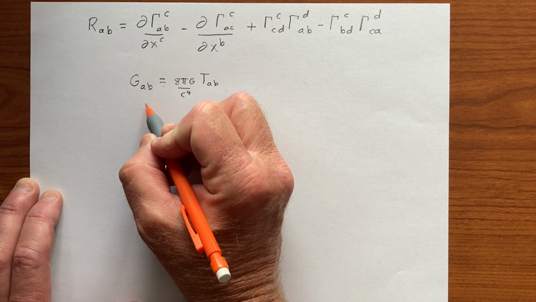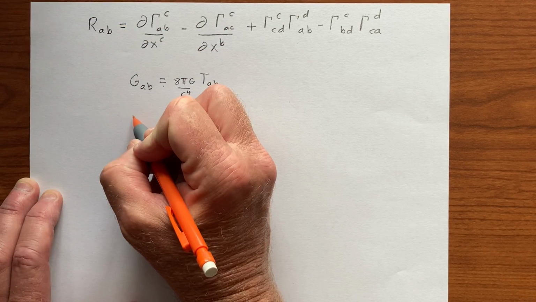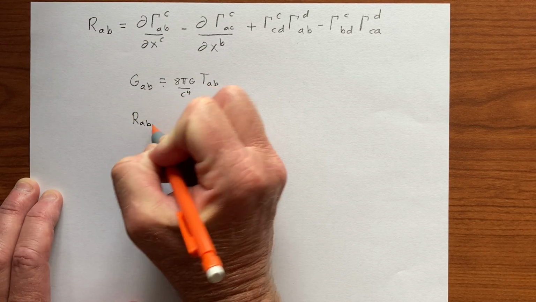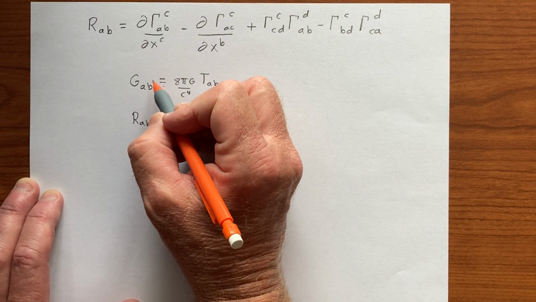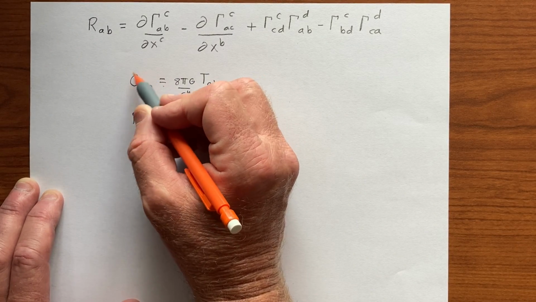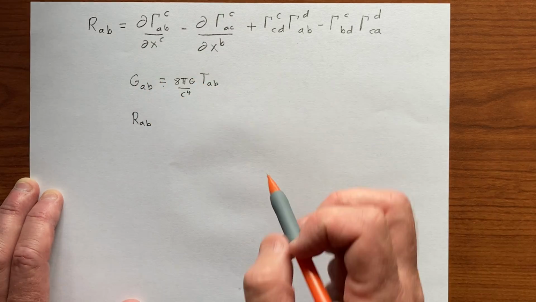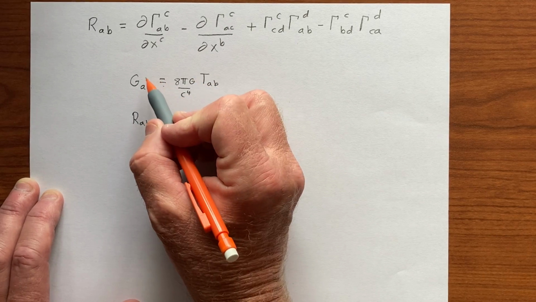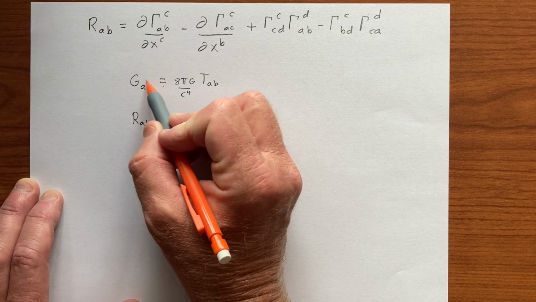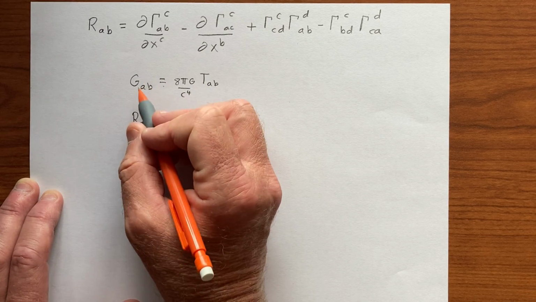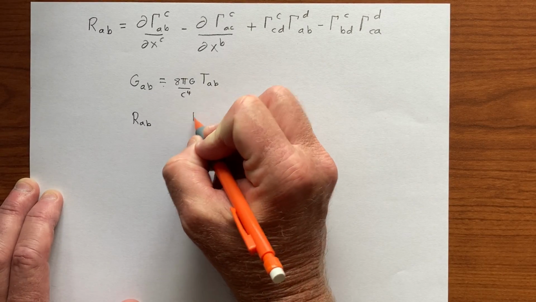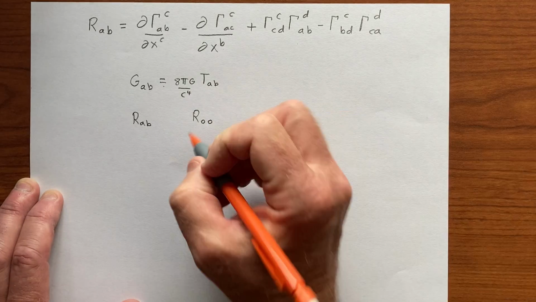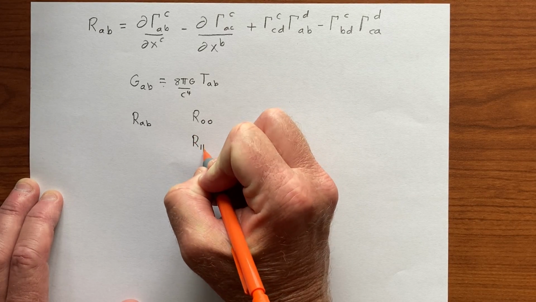it will turn out that what we care about is that it's just the R_AB. So we'll come back to this side and remind ourselves that we can write the second term here and put it on this side, and so this ends up only having the R_AB, and we care about R00 and R11.